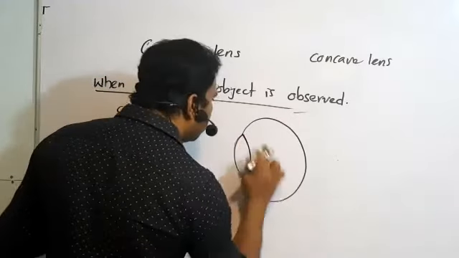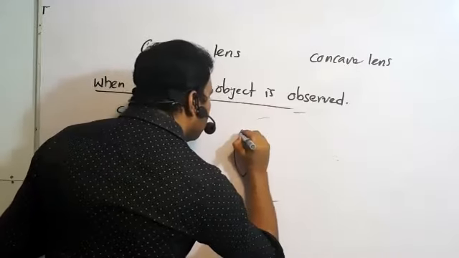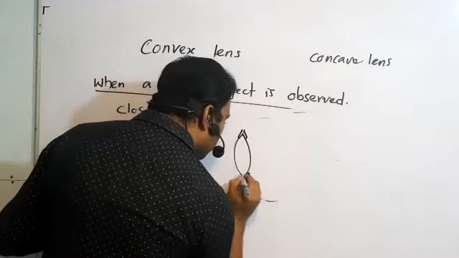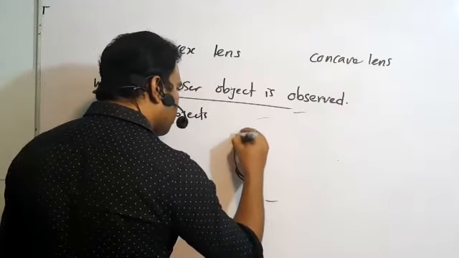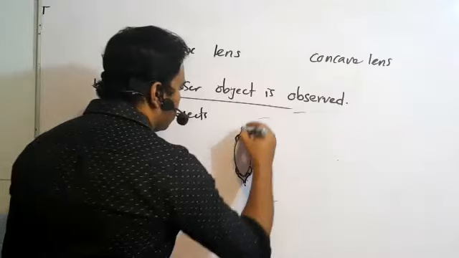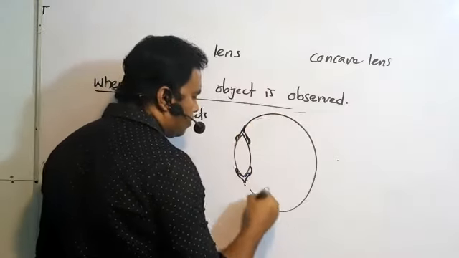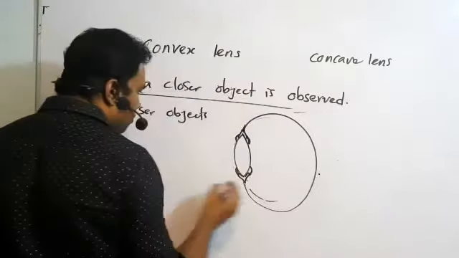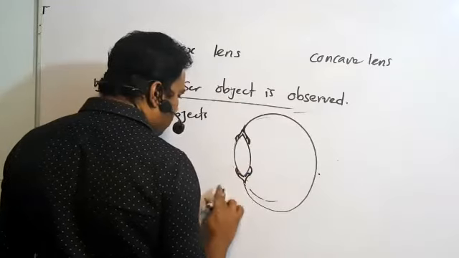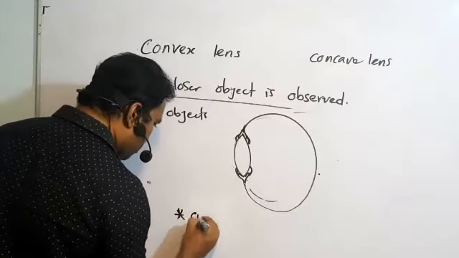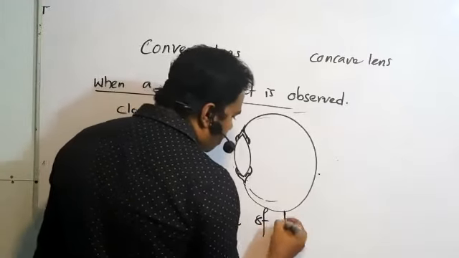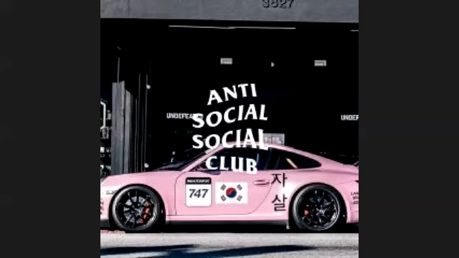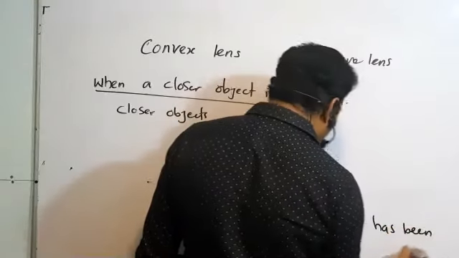I think you had better draw the ciliary muscles also. This is the ciliary body and ciliary muscles, and the retina. The curvature of the lens has been increased.